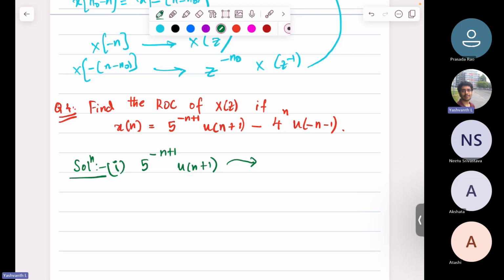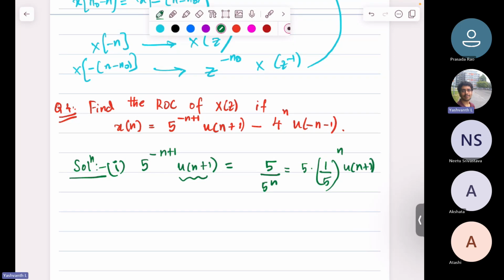Now, so basically your ROC will be something like mod z greater than, let's do this a little more carefully. So you can write this as 5 by 5 power n, that is the same as 5 into 1 by 5 power n into u of n plus 1.